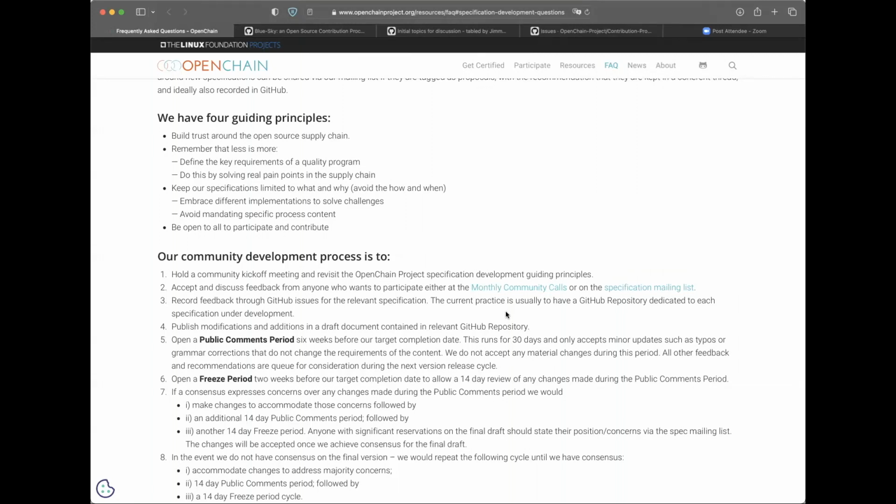That has implications. We welcome ideas and suggestions and innovation, but the things we include in standards are only those things solving current, identifiable problems in the supply chain itself. That means we are not normative.